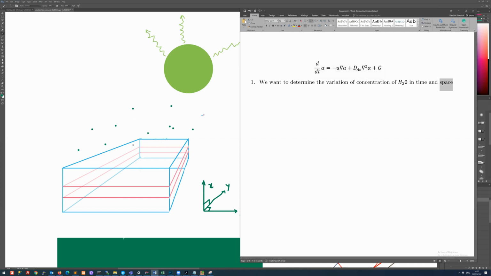We said we are not worried about temperature variations. We are not worried about velocity variations. So alpha is C, the concentration. So we can write a more specific version of this equation, like so. So we can replace all the alphas by C's, a specific version of the equation.